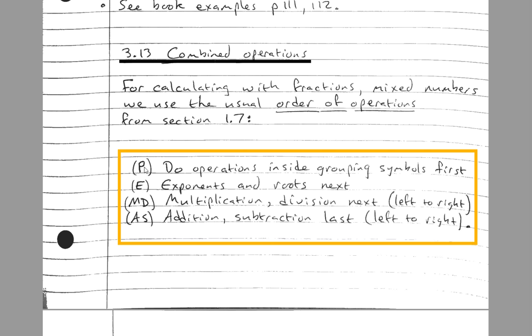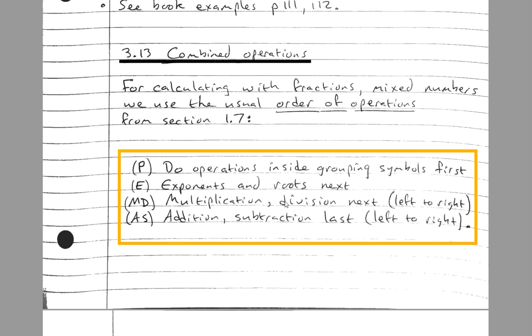So P, do anything inside parentheses or grouping symbols first. E, exponents and roots, take care of those next. MD, let's put them together. So all the multiplications and divisions you do next, working from left to right.